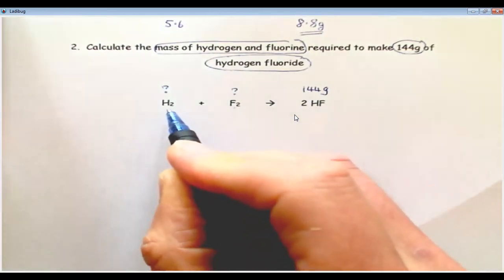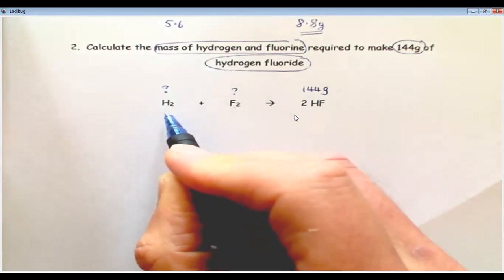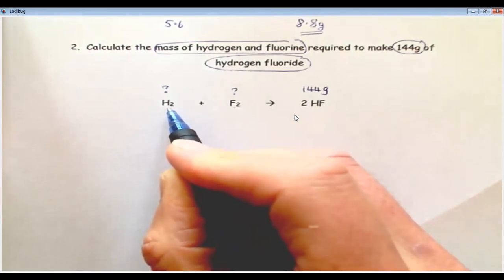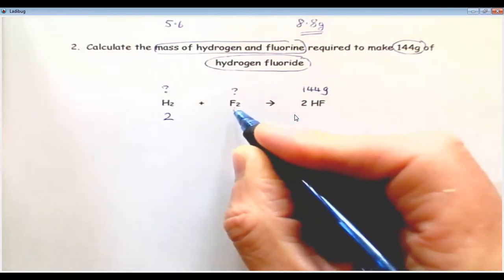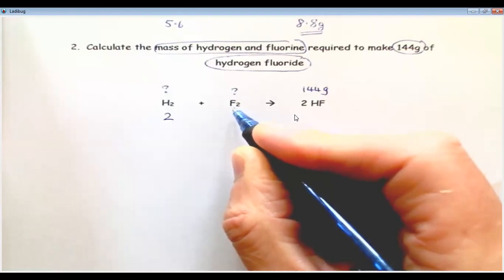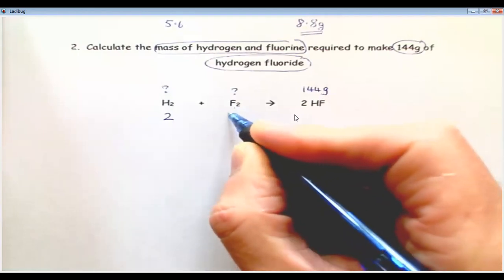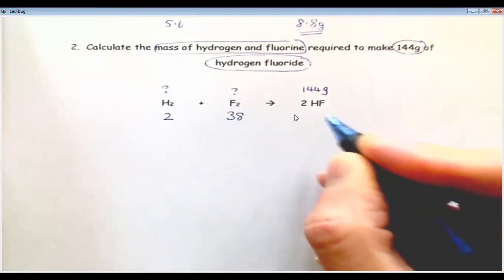Again, all we have to do is write the relative formula mass underneath each of the things in the equation using the top numbers. So hydrogen has a mass number of 1. There's 2 hydrogens, so that's 2. Fluorine has a mass of 19, but there are 2 fluorines, so that's 38.